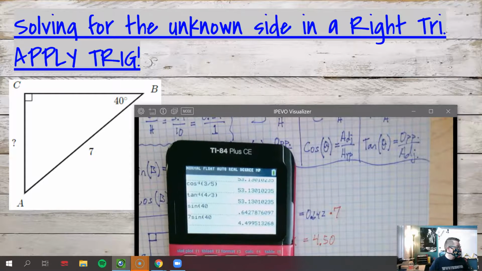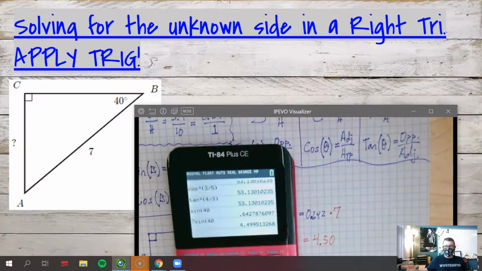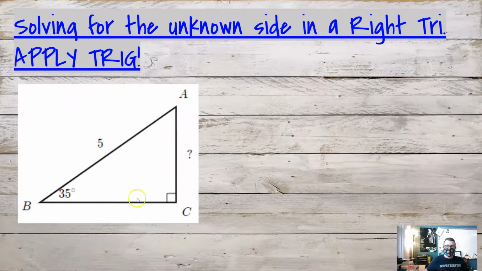I don't even want to ask yet, does this make sense? Because I want you to try it and see if you can figure out how to make it make sense on your own. So with this one, try it on your own. You don't necessarily have to draw the triangle in your notes, but it might help.